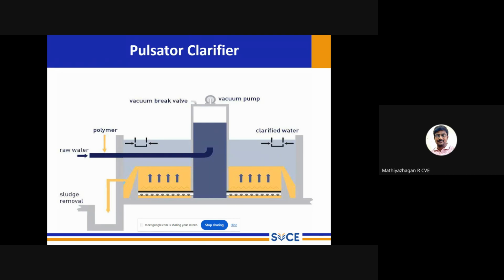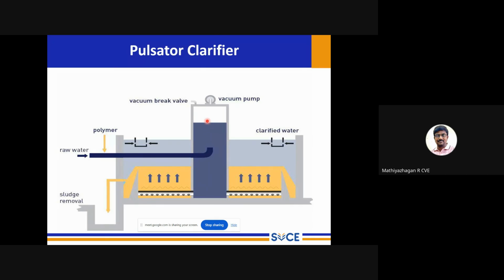The raw water enters through this inlet pipe. At the pipe itself, we introduce the coagulant, aluminum sulfate, into the central chamber, which is also called the vacuum chamber.